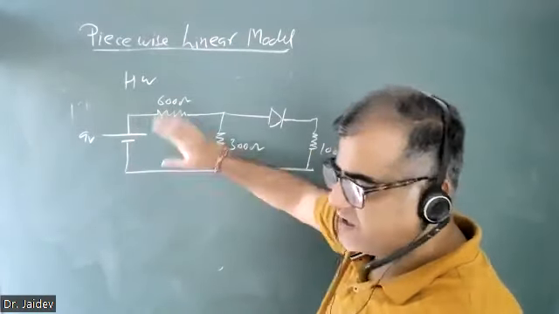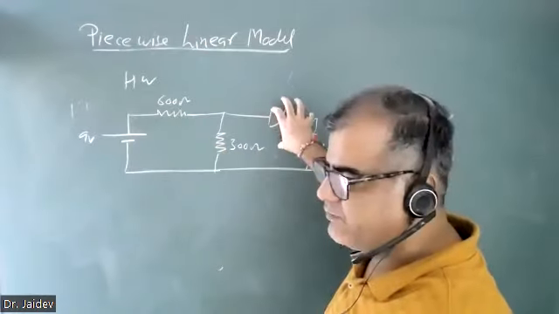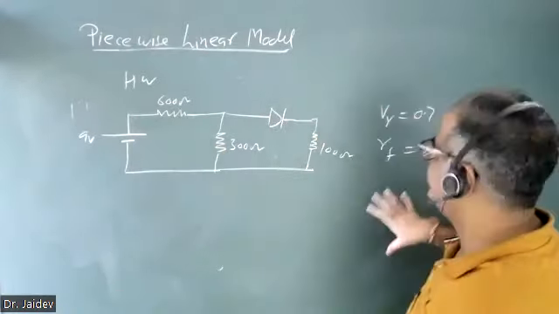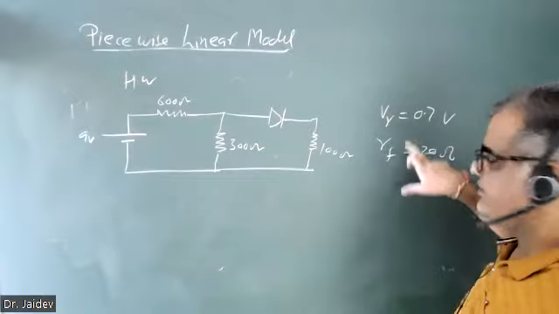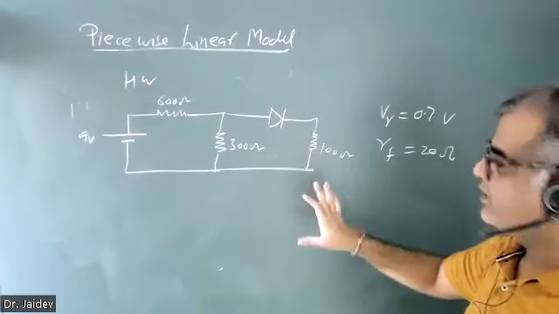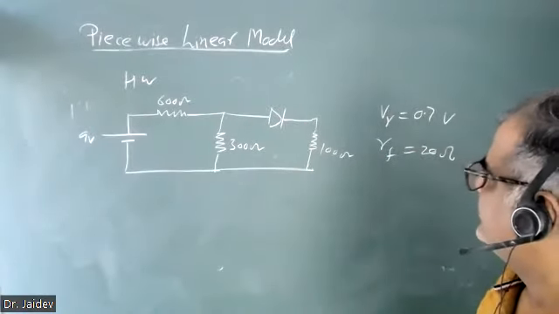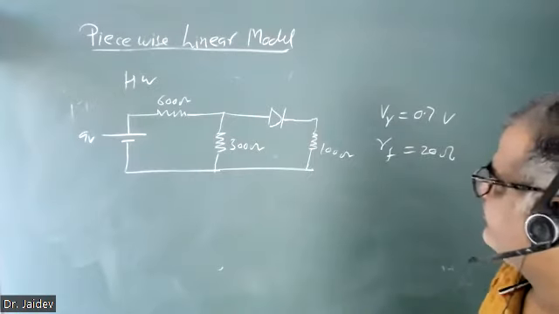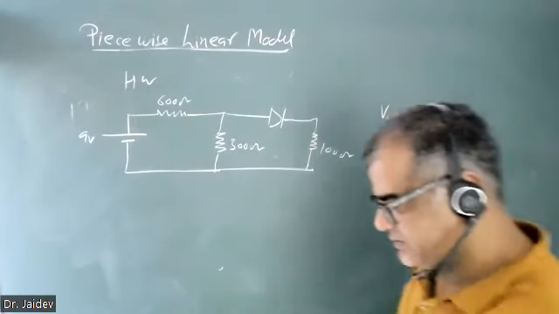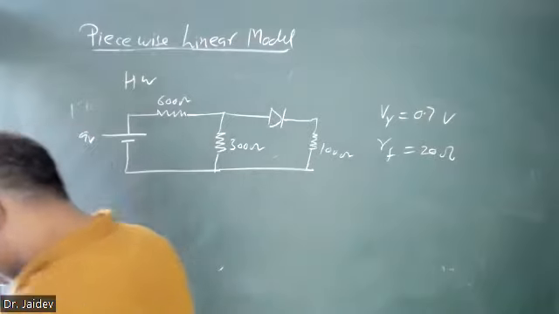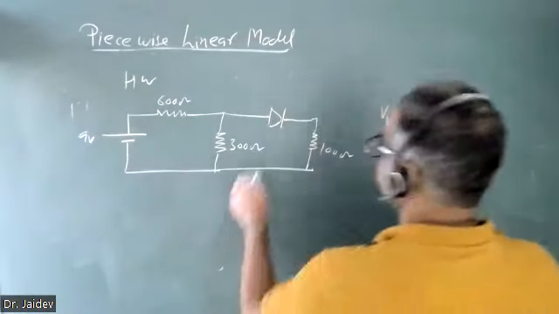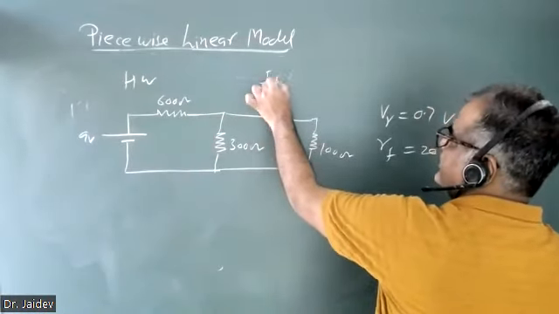And then once you know VThevenin, RThevenin, you can put back this diode here with this voltage and resistance, and you can solve. Or any other method you like. So we open 3 volt? Open 3 volt. Okay, you have to send me how much current is flowing through this diode, ID.